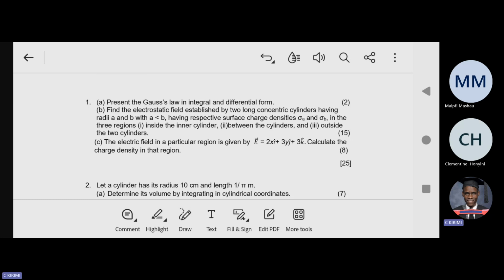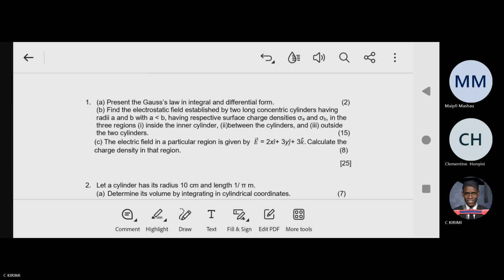Find the electrostatic field established by 2 long concentric cylinders having radii A and B, with A less than B, which means A is the inner radius, B is the outer radius.